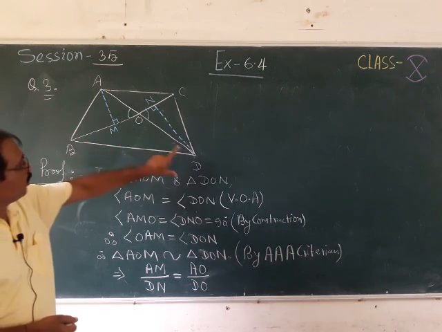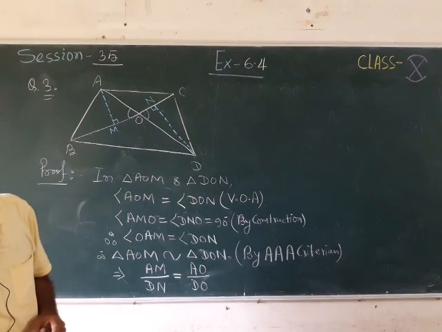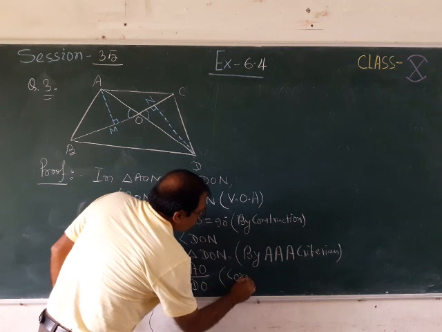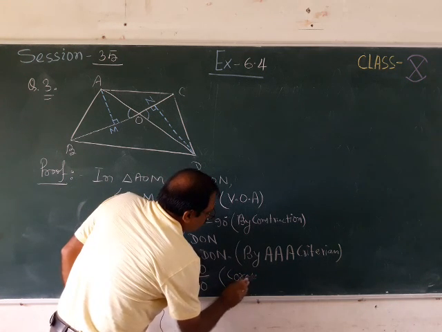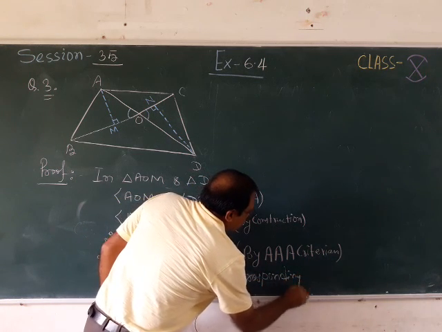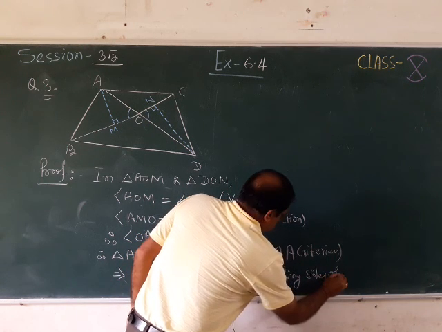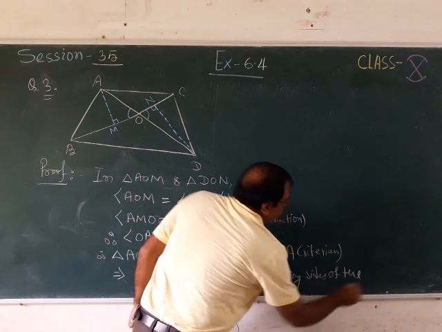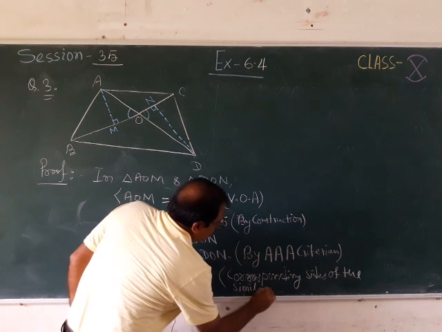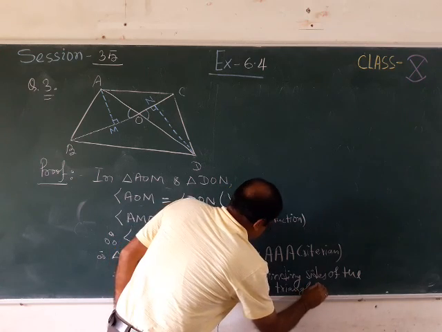So AM upon DN is equal to AO upon DO. Why? Because these are the corresponding sides of the similar triangles.